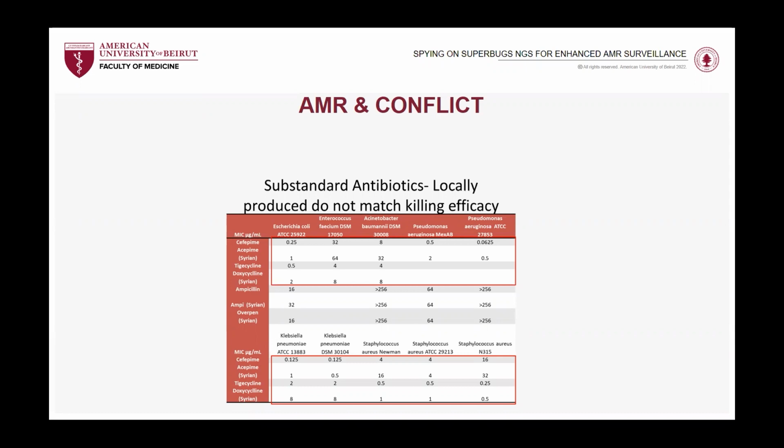So we started looking at these antibiotics that get dumped and the ones that get produced within the region. We looked at antibiotics that are produced in Syria versus ones that are produced in Lebanon, versus ones that are produced in Turkey, versus ones that we import. None of the ones produced in the region comply with the right dose.